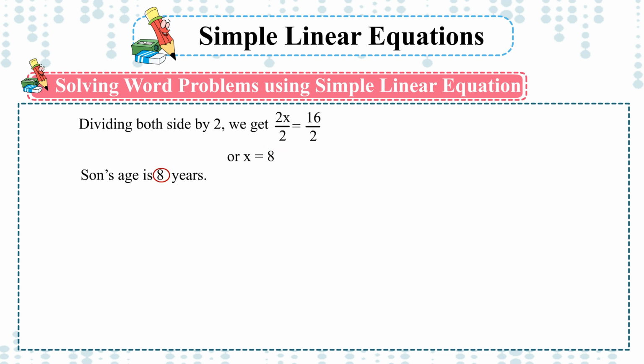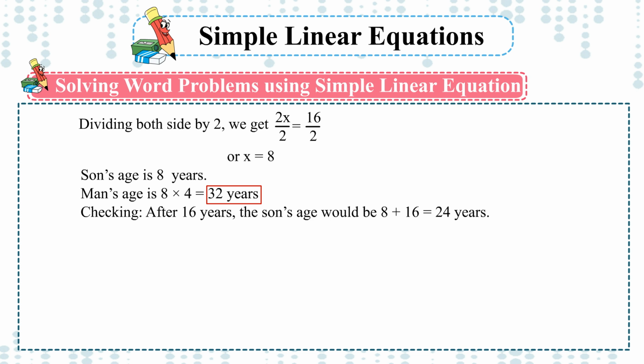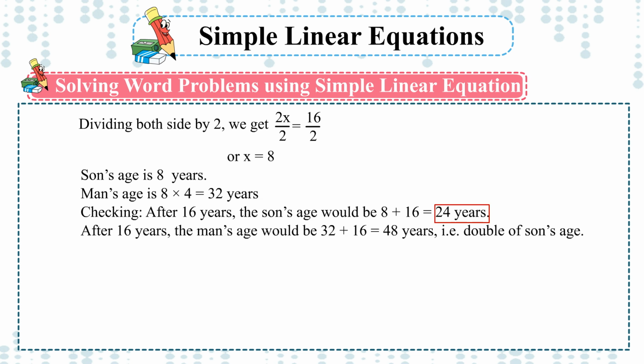Son's age is 8 years. Man's age is 8 multiply 4, which is equal to 32 years. Checking, after 16 years, the son's age would be 8 plus 16 equals 24 years. After 16 years, the man's age would be 32 plus 16 equals 48 years, that is double of son's age.